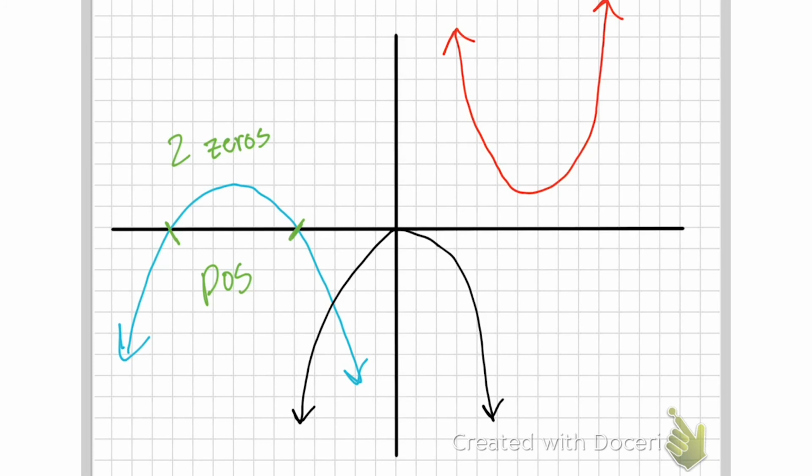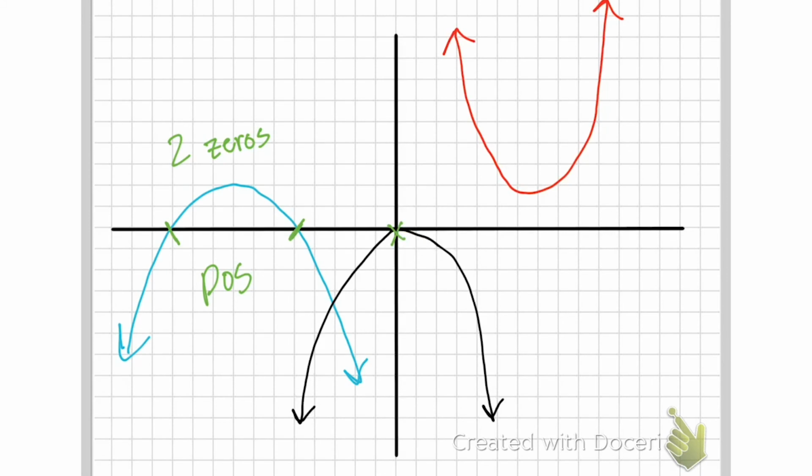Okay, now let's move on to this. My black parabola here. Where is it crossing the x-axis? Just right there. Okay, it only crosses one time, conveniently at the origin.